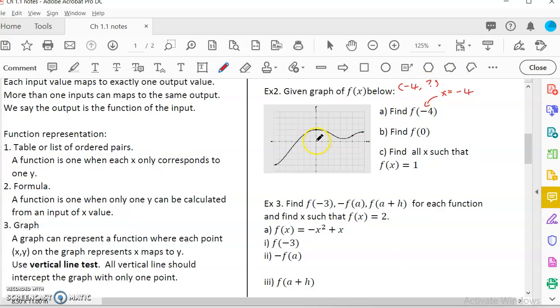So let's look: we have -1, -2, -3, -4. -4 is here. This is the point with x equal to -4, and we see that y is -1, so we say -1.